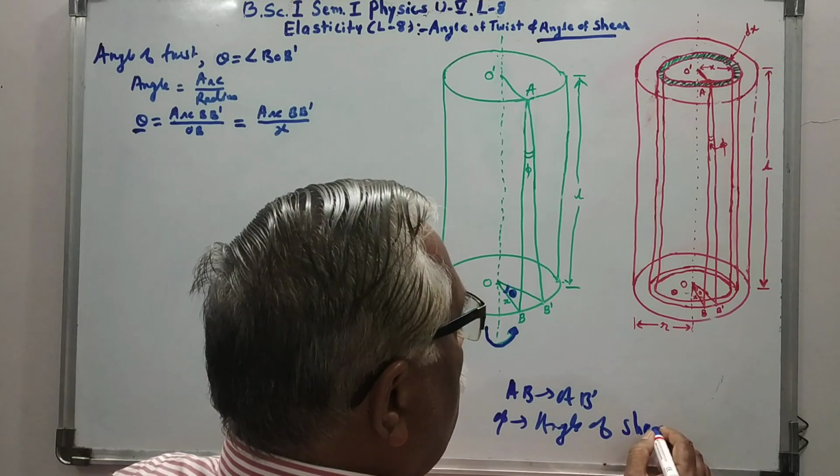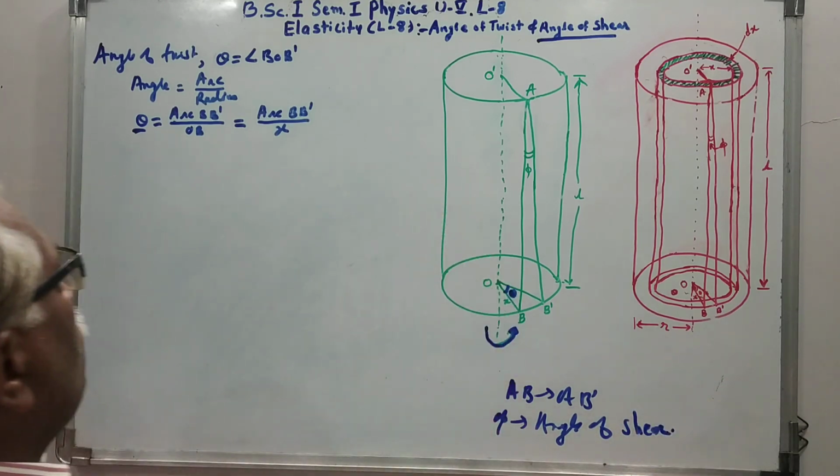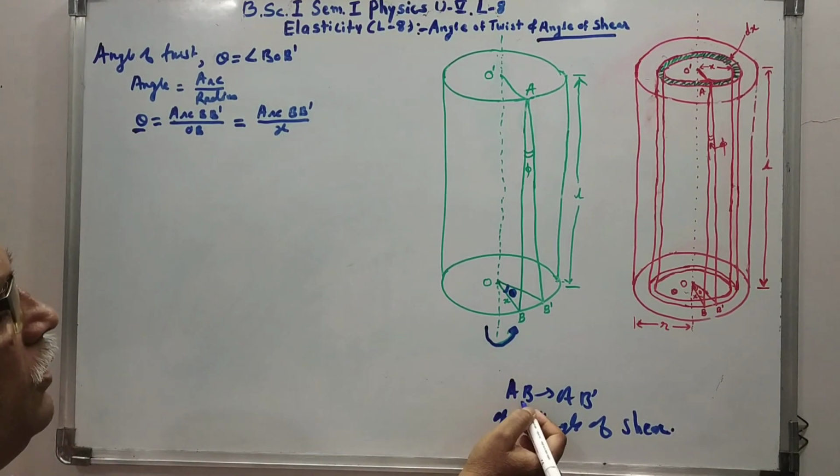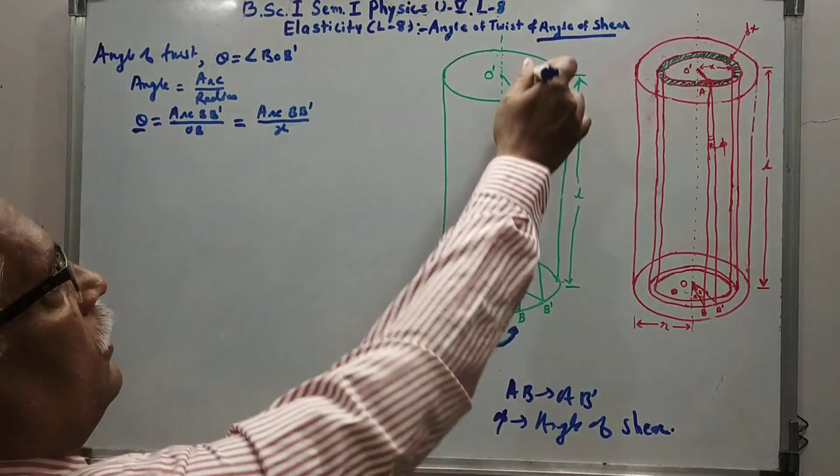Angle of shear is the angle between AB and AB dash.